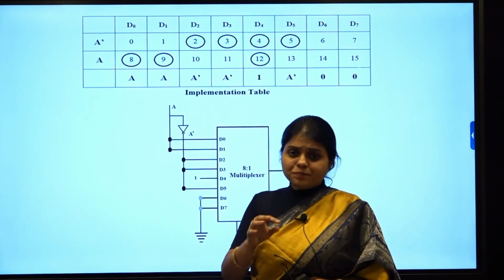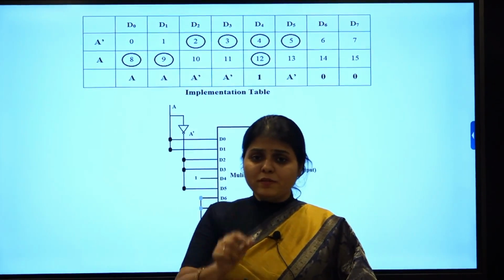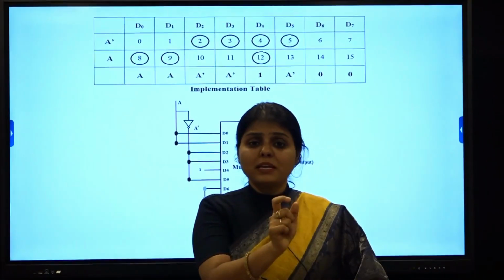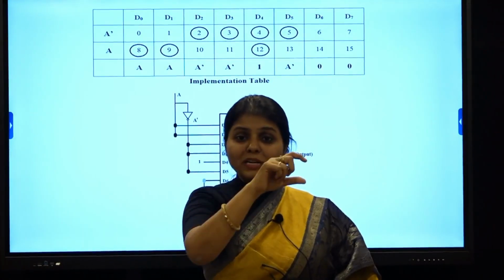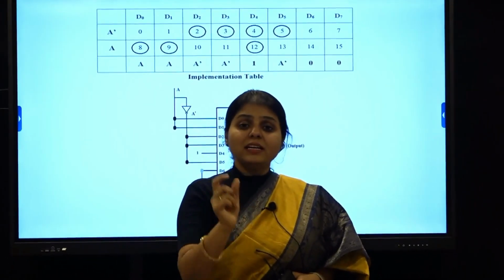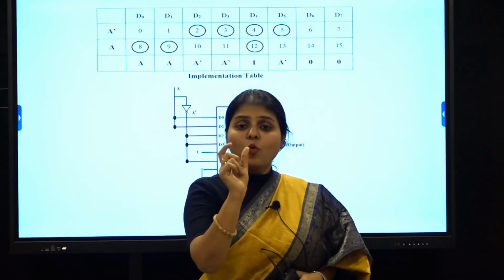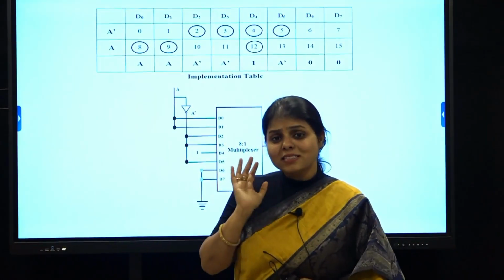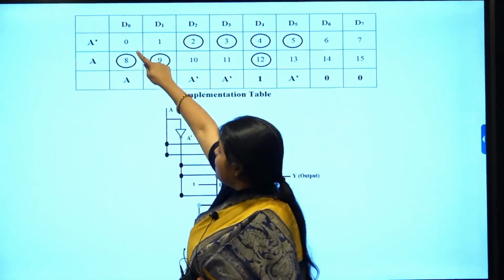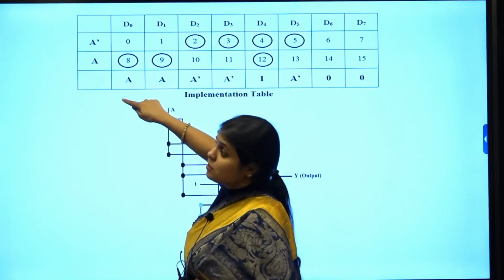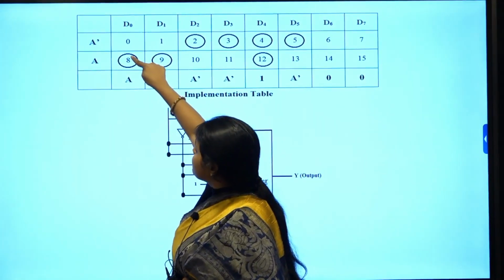First I will take the implementation table with D0 to D7 and the remaining input, that is A and A bar, all 15 minterms covered. After that, depending upon the problem statement, whatever minterms are given, we will just circle them. Now after you circle them, compare each of the output columns.